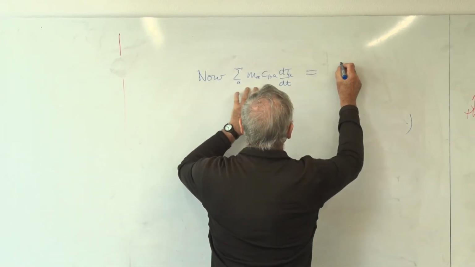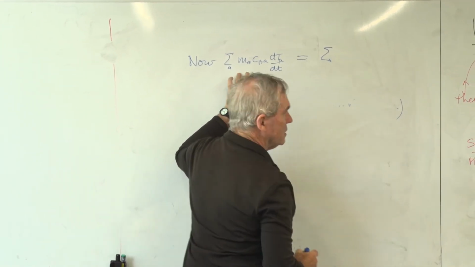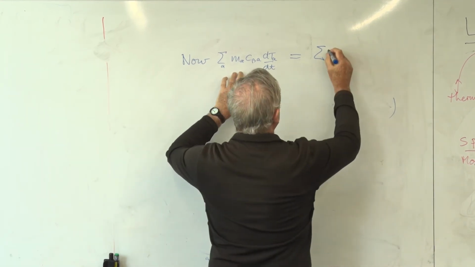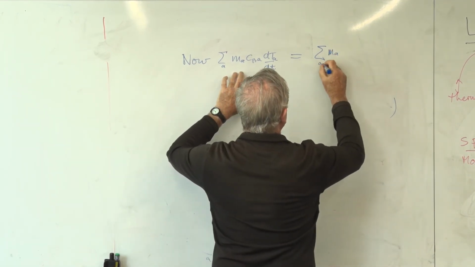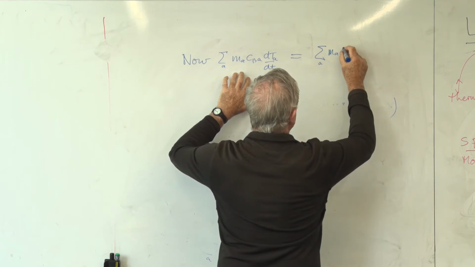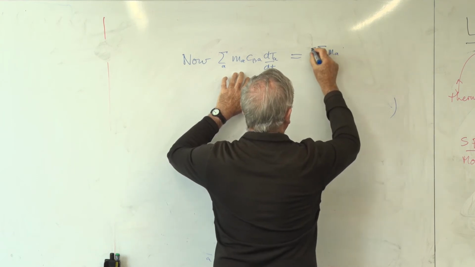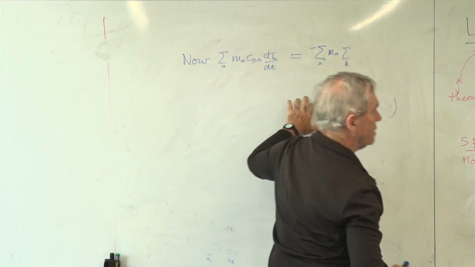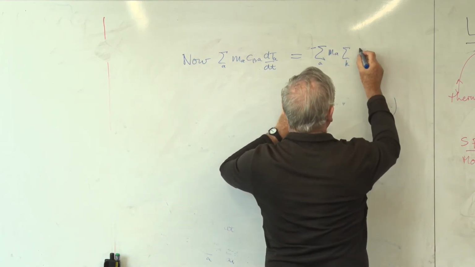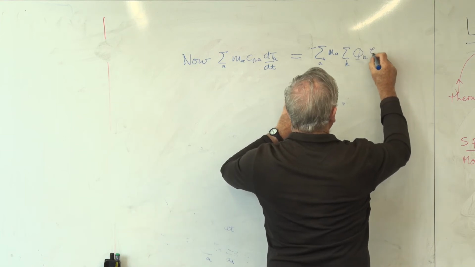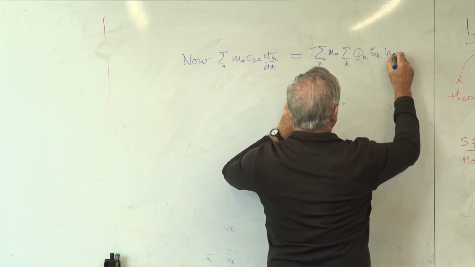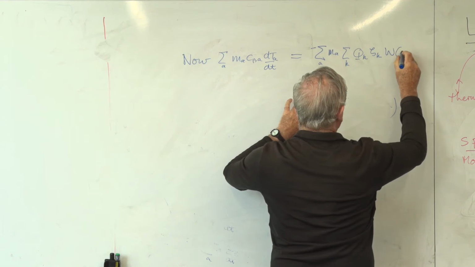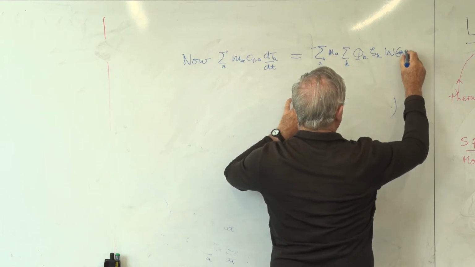And that will give me, when I sum, and a sum over K, Q_K, is going to be R_A minus R_K.